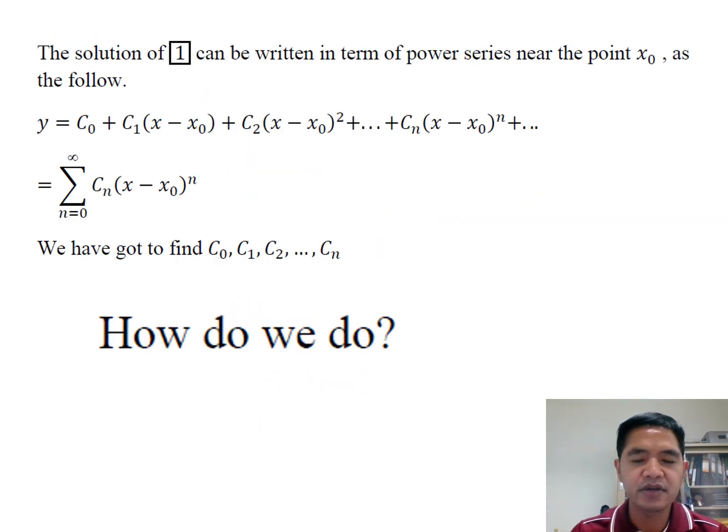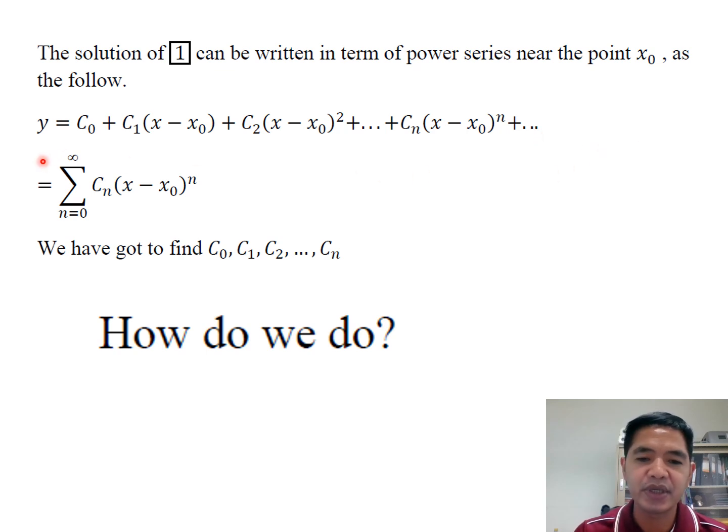For the solution of the second order equation in terms of a series, we can write the answer in this form: y equals c0 plus c1 times (x minus x0), where x0 is the point that we define, plus c2 times (x minus x0) squared, and so on until cn times (x minus x0) to the n, and so on.